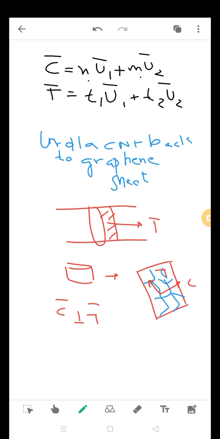The dot product C dot T will be equal to 0, and using this condition, what we ultimately get are the values of T1 and T2.